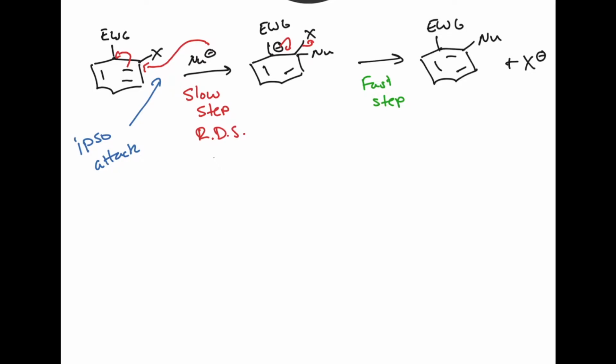The easiest thing to do is to change the halide. So more electronegative halides increase the rate of the reaction.